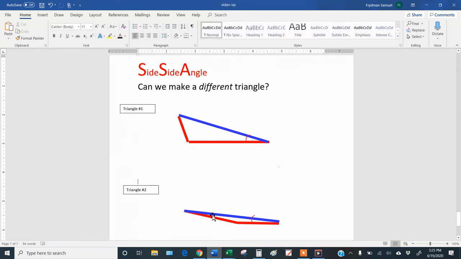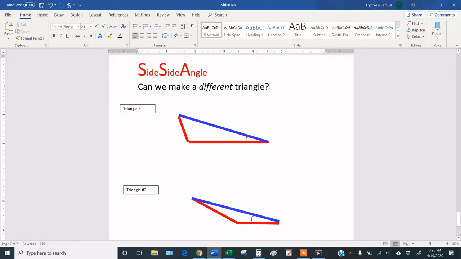However, when I tried doing the same thing with this side and this side and this angle over here, it turned out that this right over here, which is the triangle that we had originally, was the only triangle that satisfied these conditions over here. Any other triangle that we tried to make didn't work. We ended up changing this angle.